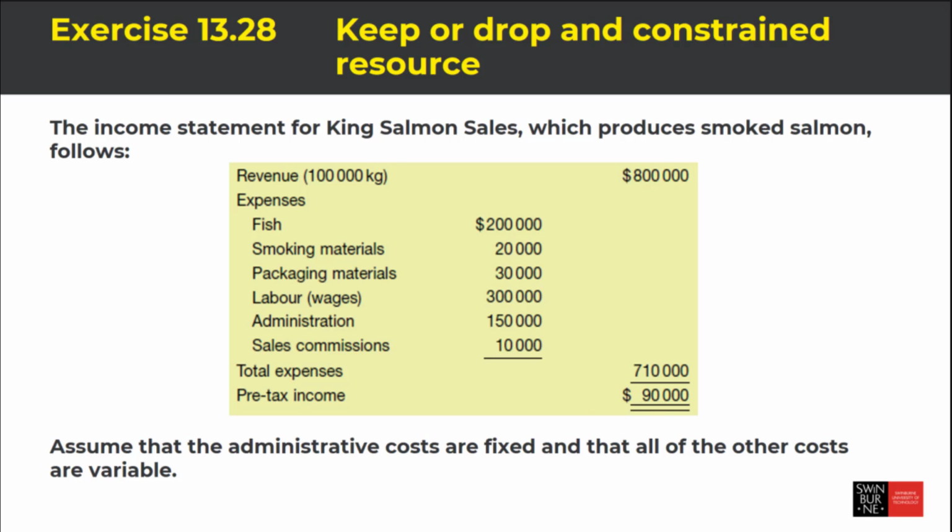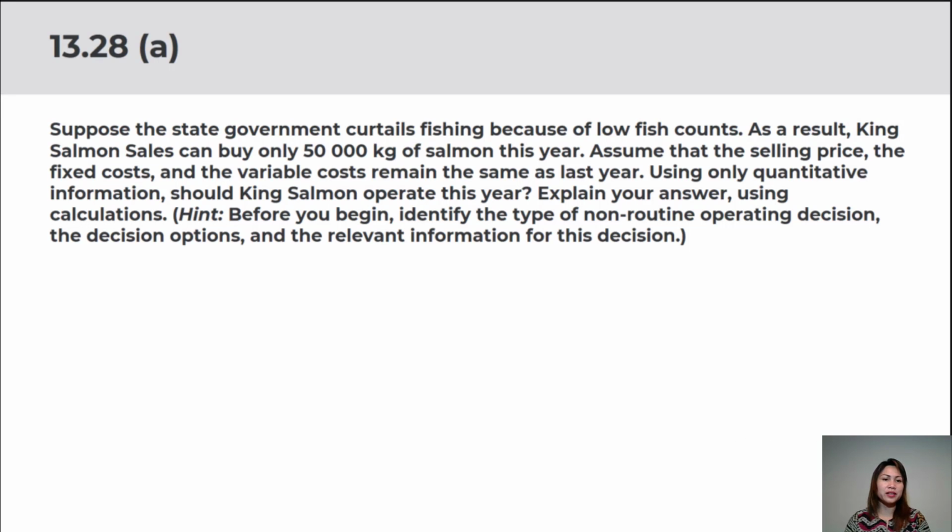The question for you, part A. Suppose the state government curtails fishing because of low fish counts. As a result, King Salmon Sales can buy only 50,000 kilograms of salmon this year. Assume that the selling price, the fixed cost, and the variable cost remain the same as last year. Using only quantitative information, should King Salmon operate this year?